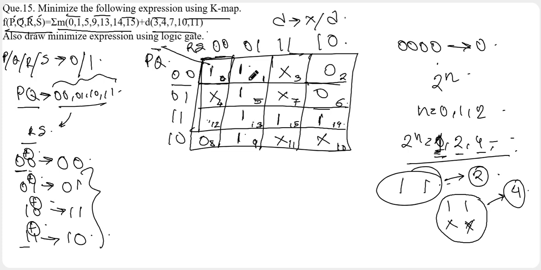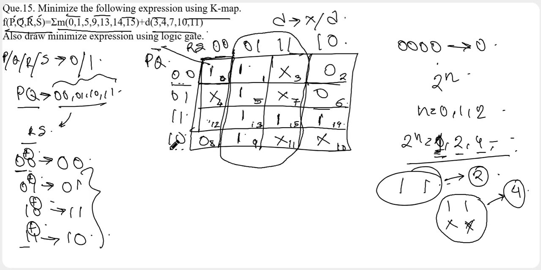So the first group, as we can see, in this vertical line all the cells are 1, and in this vertical line this is 1 and these are don't care terms. So we can make a group of these cells. Okay, so this is one particular group. Now for this particular group, the values of P and Q are all changing, right?